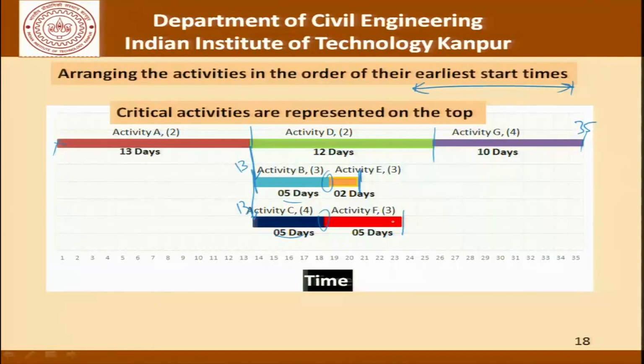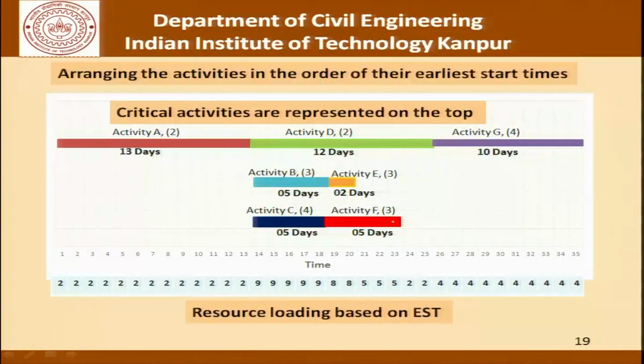Now on this, if we superimpose what kind of resources we need on each day, we find that as far as the first 13 days are concerned, only activity A can be done, no other activity can be done, which means that A, which needs a team of 2 persons, is the only activity going on, and our deployment is only 2 workers.